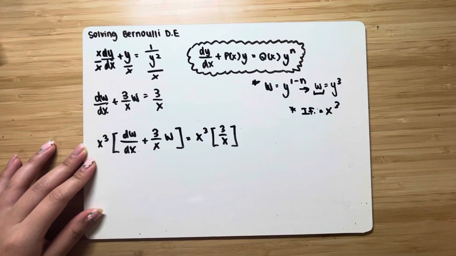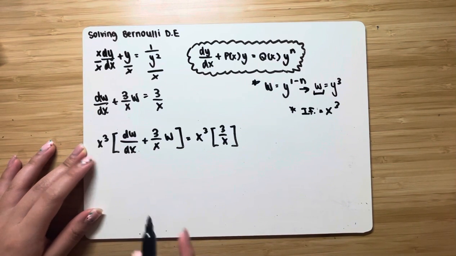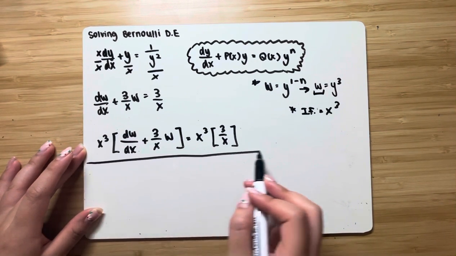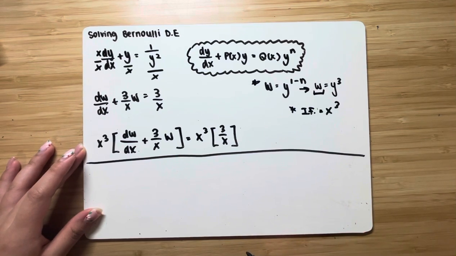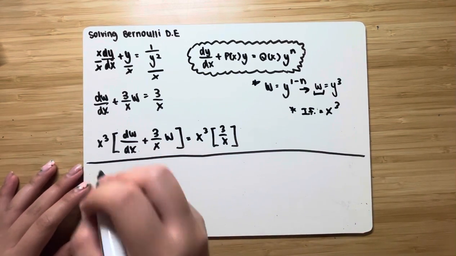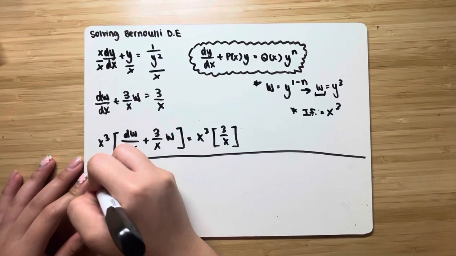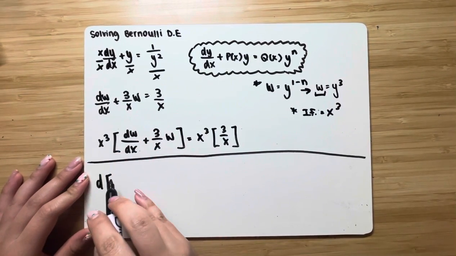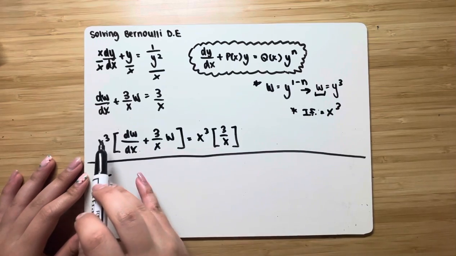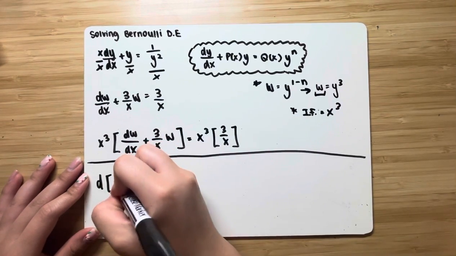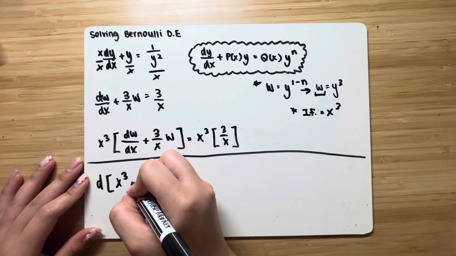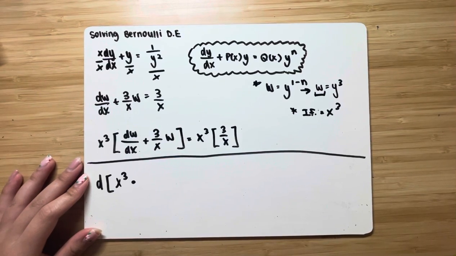Once you have this, you are going to put it in what I call the d form, the derivative form, which is essentially the derivative multiplied by this integrating factor value, which is x cubed times the w.